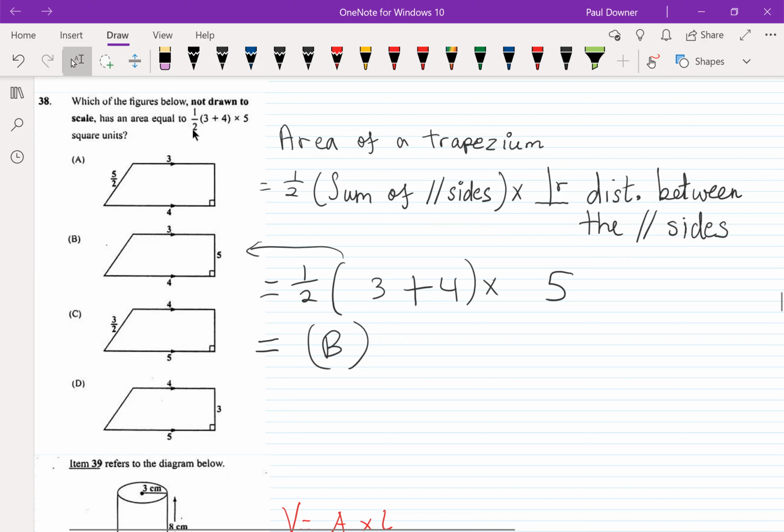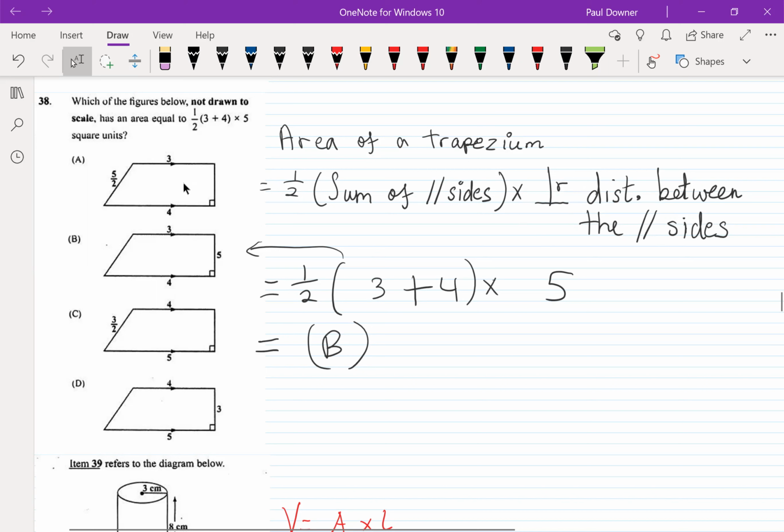So if we apply this formula to here, it means that this and this would be representing the sum of the lengths of the parallel sides. And let's see, not all of them, these two, this one and this one, has 3 and 4 as the lengths of the parallel sides. So these two look like they could fit into this formula. And then we have to multiply by 5. But what is that 5? We are multiplying by 5, and that 5 will be the perpendicular distance between the parallel sides.